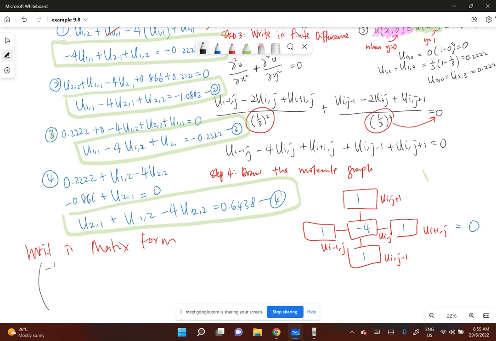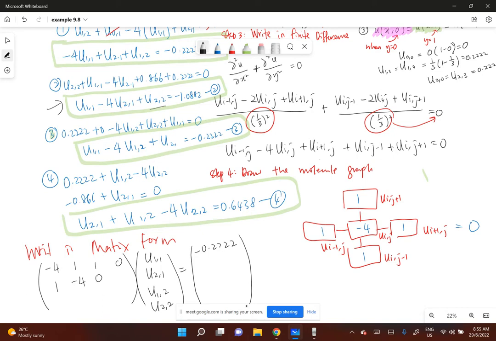Here we have negative 4, 1, 1, and 0, times U11, U21, U12 and U22, equal to negative 0.2222. The second one: U11 is 1, U21 is negative 4, U12 we don't have, U22 is 1, equal to negative 1.0882.